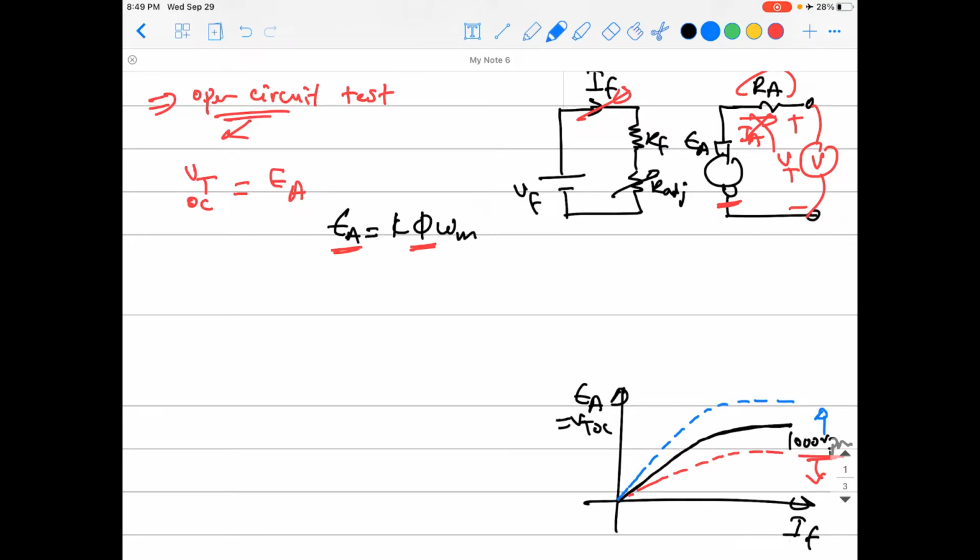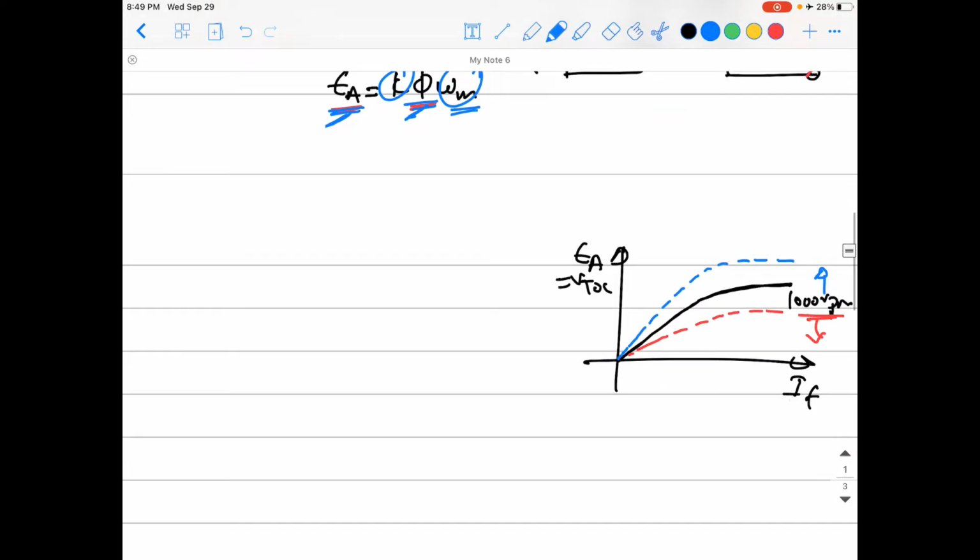Okay, so the whole point is that EA is directly related to phi. K is constant all the time, but you have to keep omega m, the speed, constant also. And just like this, you change the flux and record the induced voltage. Okay, so if you change the value of the speed, you are basically changing the curve.